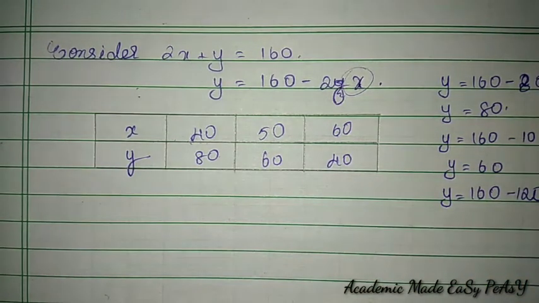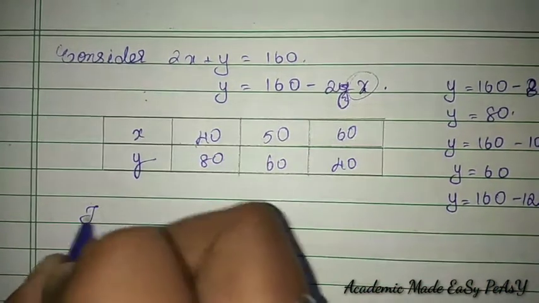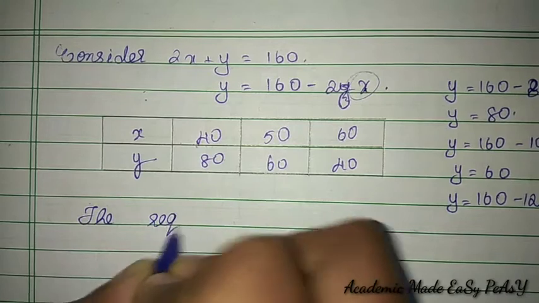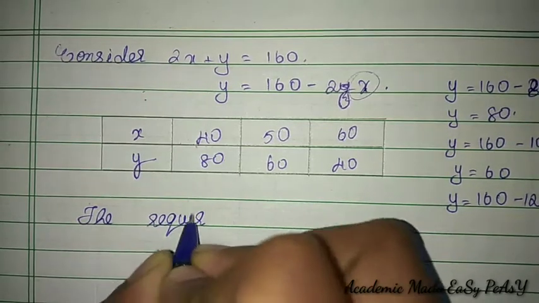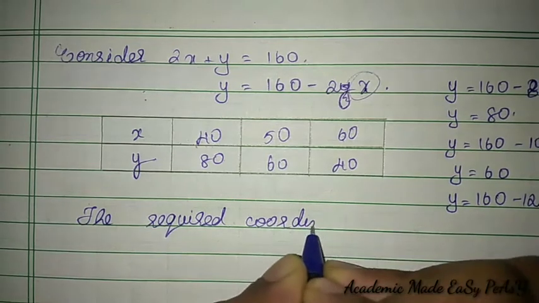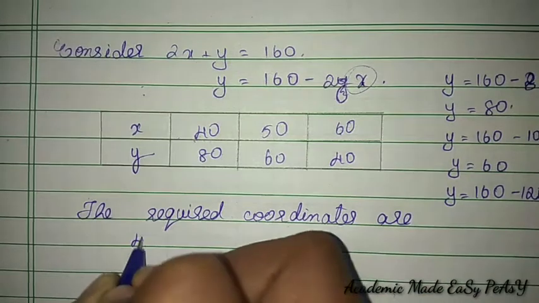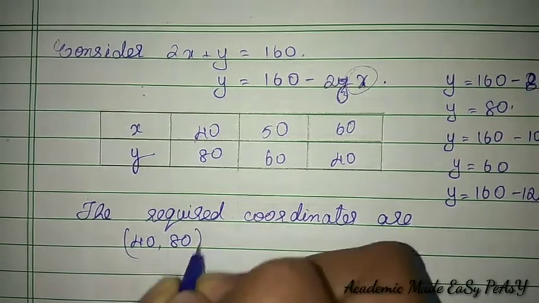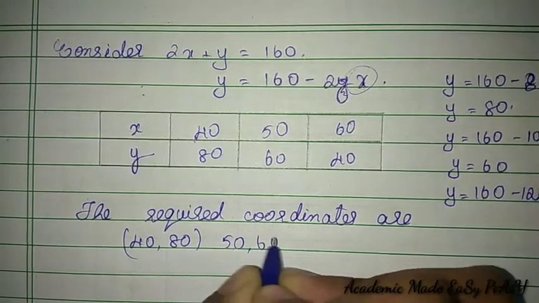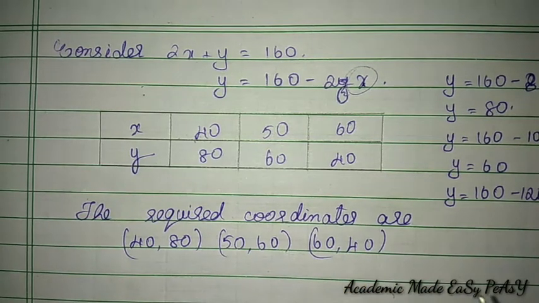So the required coordinates are 40, 80; 50, 60; 60, 40. These are the required coordinates for the first equation.